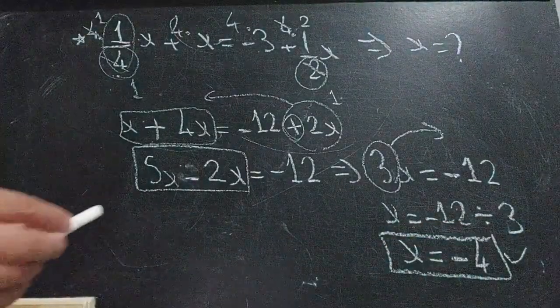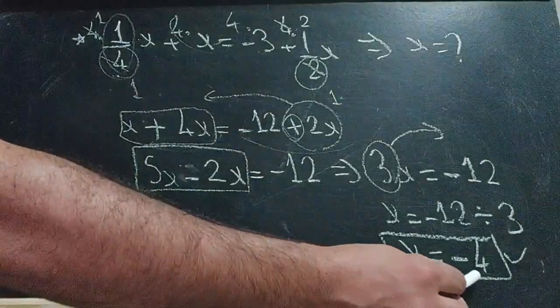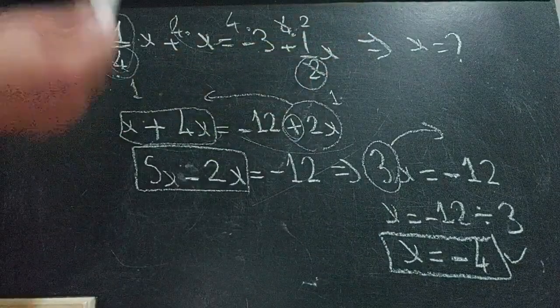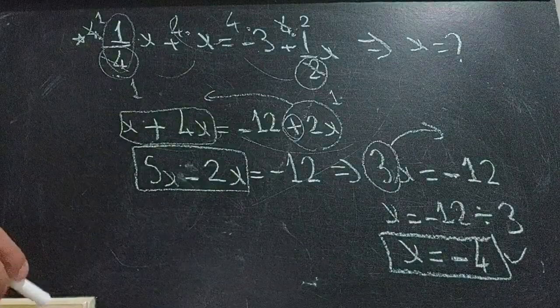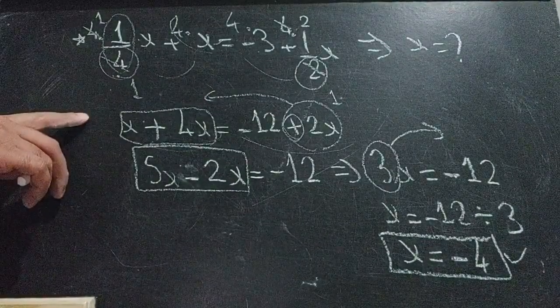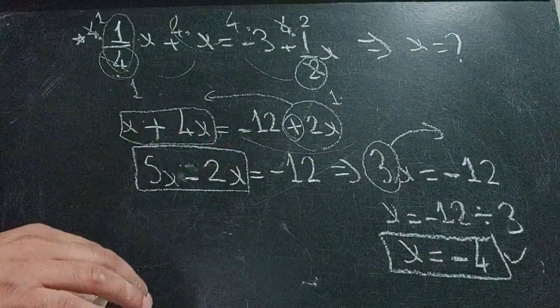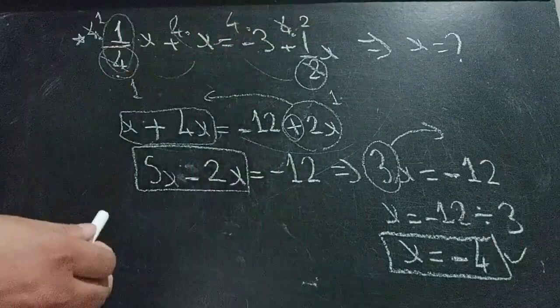By the way, if you want to check your answer, you can take this negative 4, put it instead of x into the equation, and you will see this side and this side will be the same. So this one is the first method, and I suggest you do this method, because for the second method you need to make the same denominators for all of them.